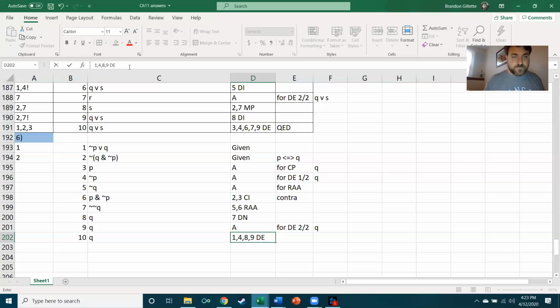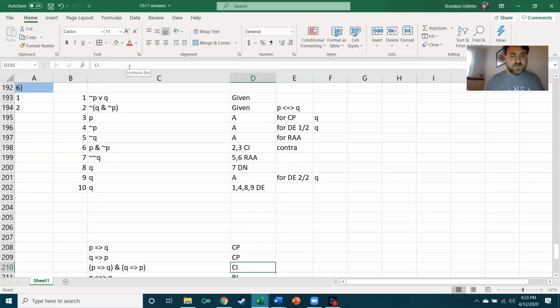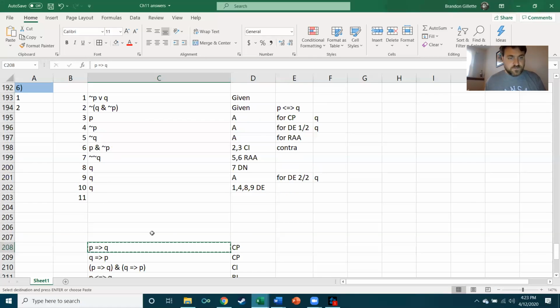So that's done. Okay, and so now finally it's time to go down here, and we can start copying and pasting, or rather cutting and pasting. So here, right, we have proven that if P, then Q, because we assumed P on line 3, and then we got Q on line 10, free and clear. So let's just move this stuff up.